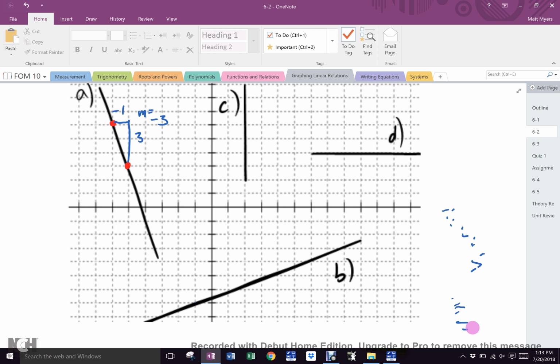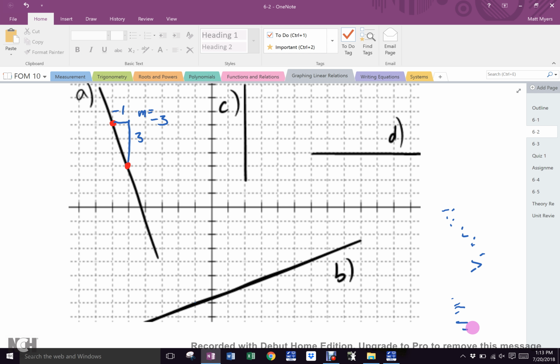Agreed? Okay. Now, I'm going to start here. Rise first. 1, 2, 3, 4. Down is what? Negative 4. This way. 1, 2, 3, 4, 5, 6, 7, 8, 9. Left is what? Negative 9.